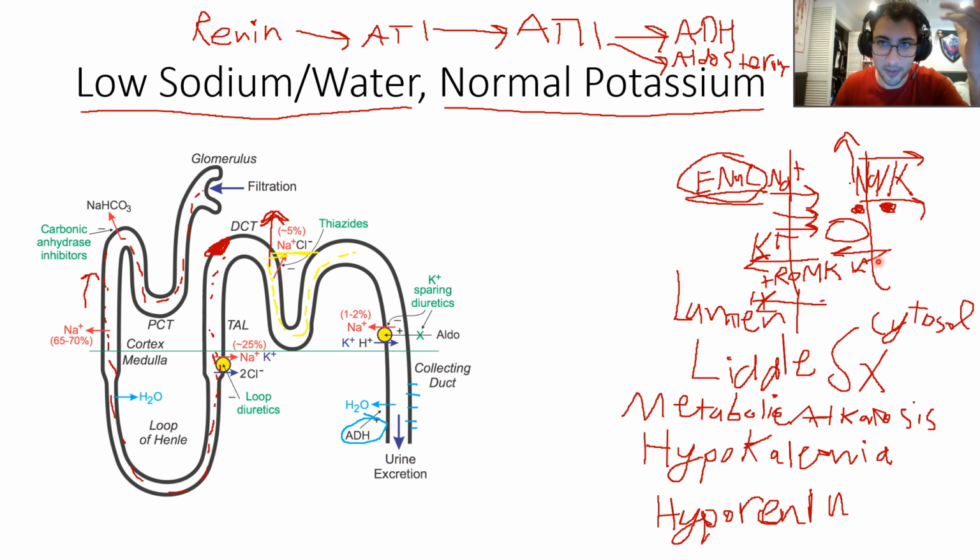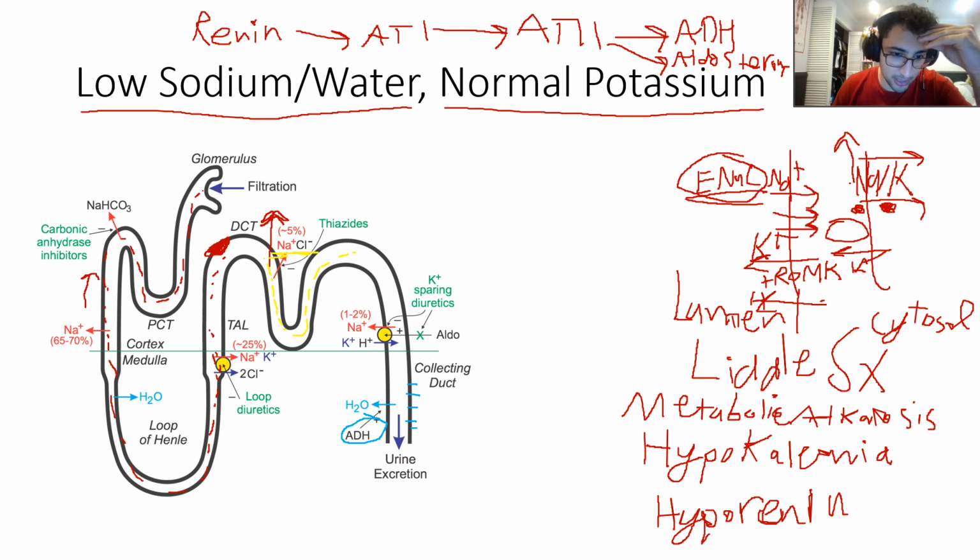You've reabsorbed this salt. So if you've reabsorbed salt, you're going to be drawing more fluid into the extracellular compartment. And because there's more fluid in the extracellular compartment in the blood, you're going to have higher blood pressure. And that increase in blood pressure is going to prevent renin from being elevated because the macula densa is not going to detect low sodium. In fact, it's going to detect high sodium. All right, so that's Liddle syndrome.